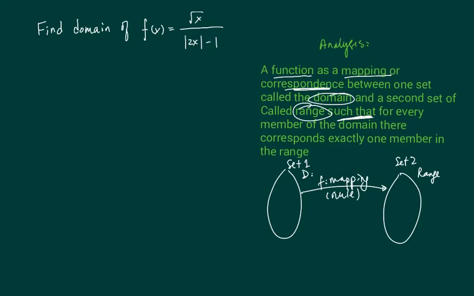Now, specifically for this problem, since they're only asking for the domain, a funny way to think about domain is this: if you have a whole bunch of friends you want to invite to a party, let me see if I can draw a better one. I'm not very good at drawing people.